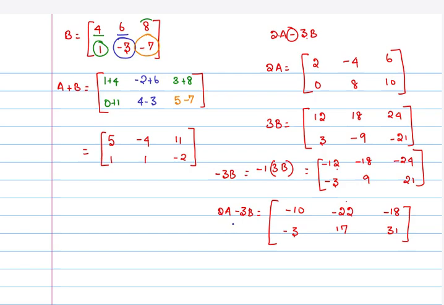Suppose I assume this matrix is C. The resulting matrix C is called a linear combination of A and B.